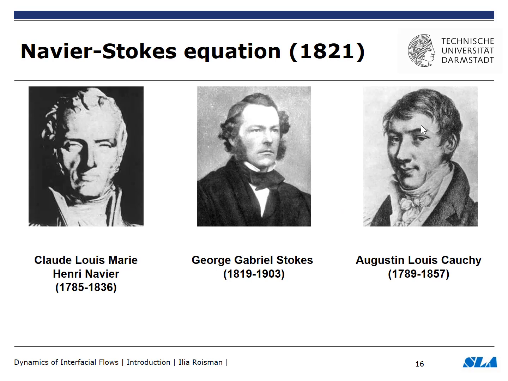Also, kind of at the top of our course of technical fluid mechanics, there is the Navier-Stokes equation. As you see, it is from the beginning of the 19th century. So the Navier-Stokes equation is named after the French and English scientists Navier and Stokes.